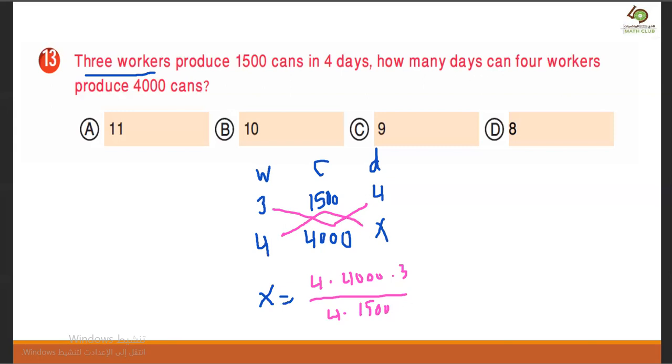Then you can simplify. Please pay attention. You simplify 4 with 4, 0 with 0, 15 divided by 3 is 5 here. And also divided by 4, by 5. Oh, here 0, also with 0. It is 8, right? The answer is A. The answer is A.